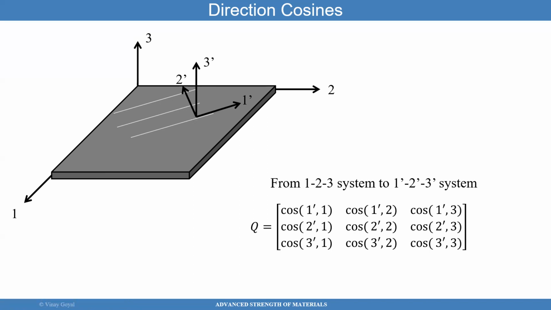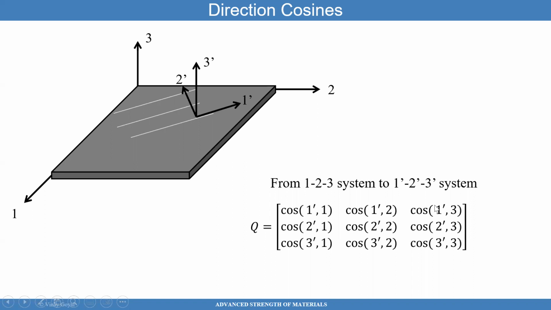To really understand how to do that properly, it's important to understand how to calculate the transformation matrix, which is the one I'm showing here in the bottom right. In essence, this represents the direction cosines.